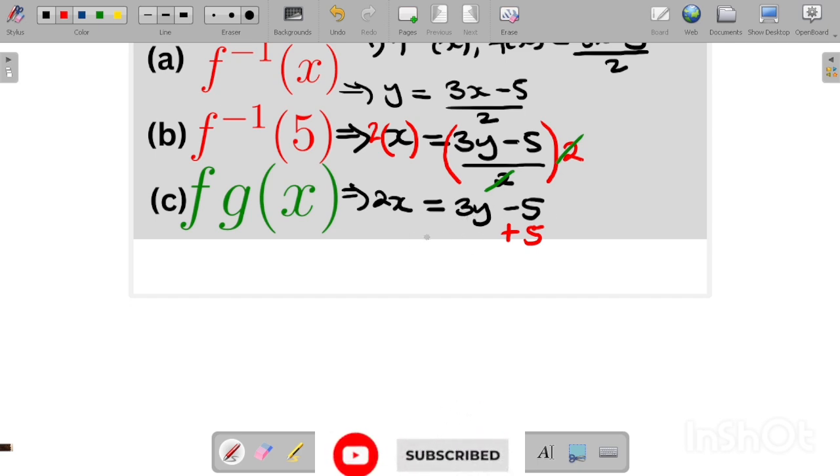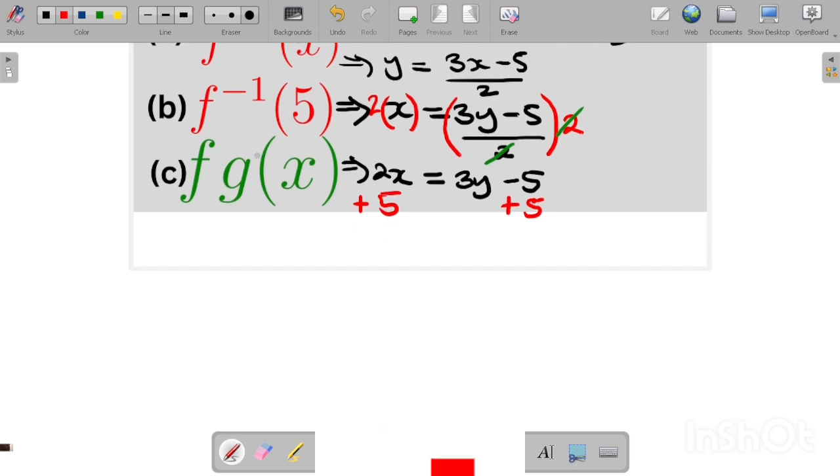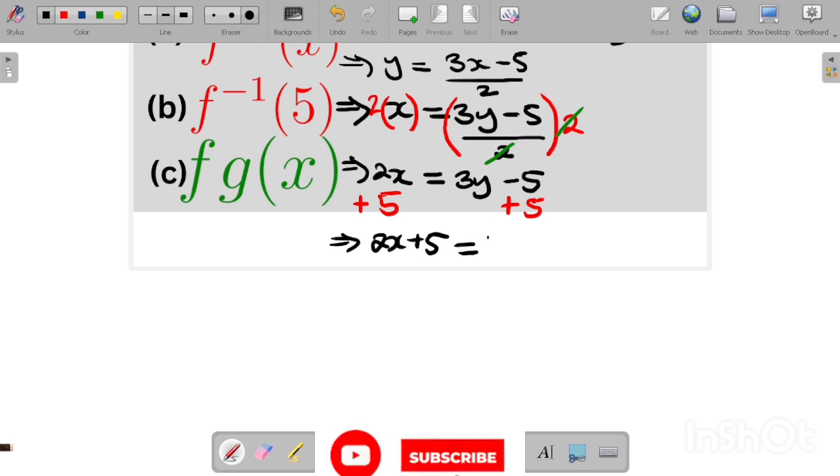What you've done on the right hand side of this equation, you also do on the left. So you add 5 on both sides. So what will remain on the left is 2x plus 5 is equal to 3y. Then this becomes a 0.